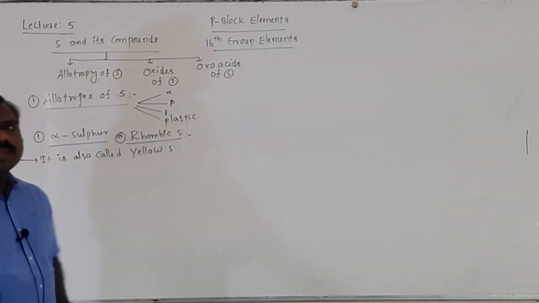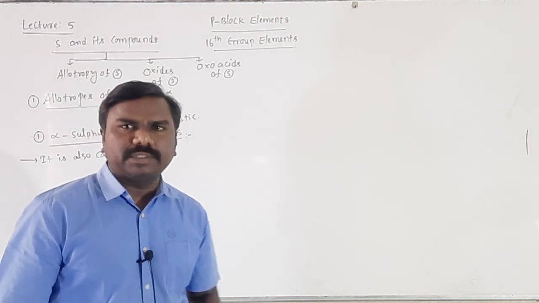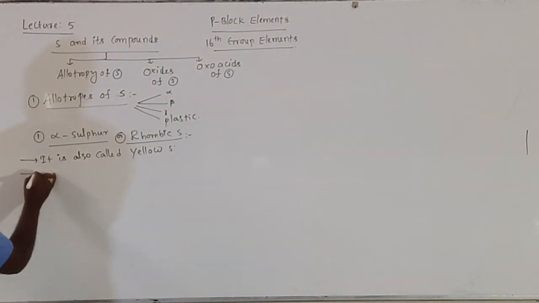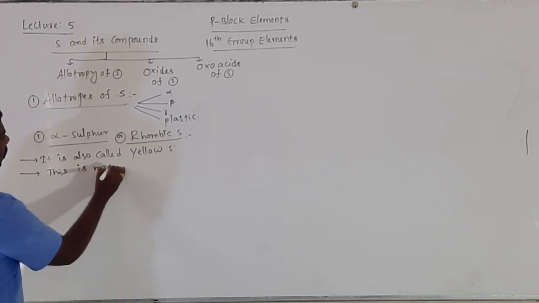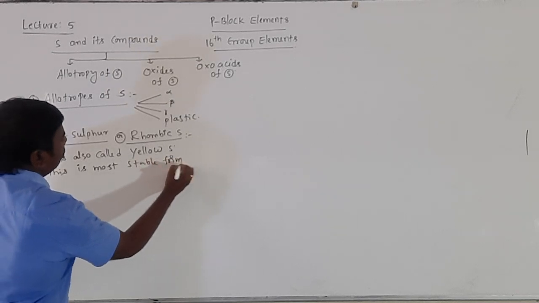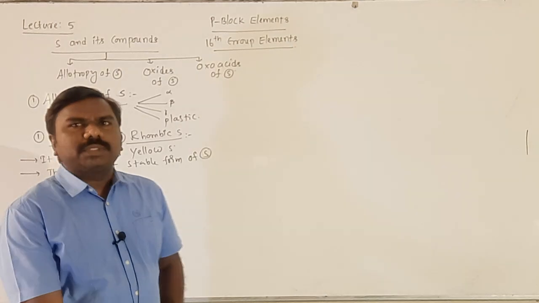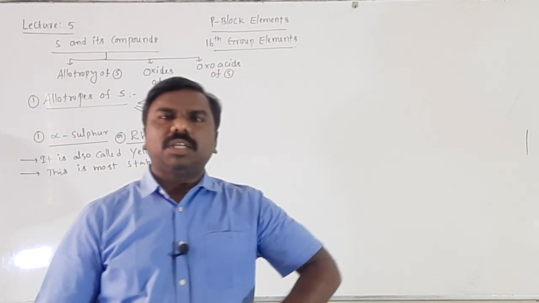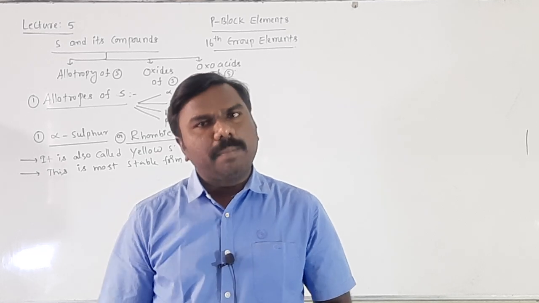This is the most stable form of many allotropic modifications of sulfur, because many allotropes are there. This is the most stable one because of the arrangement of sulfur atoms in a different manner.